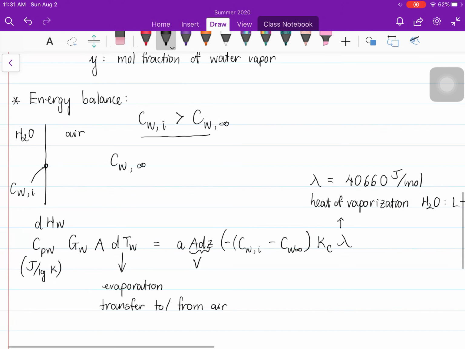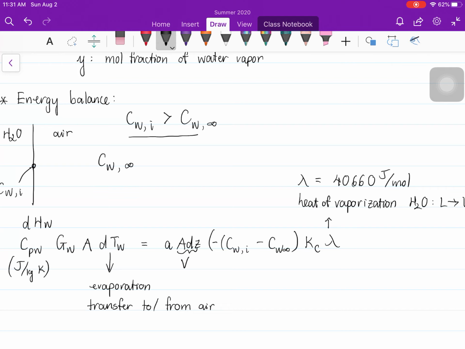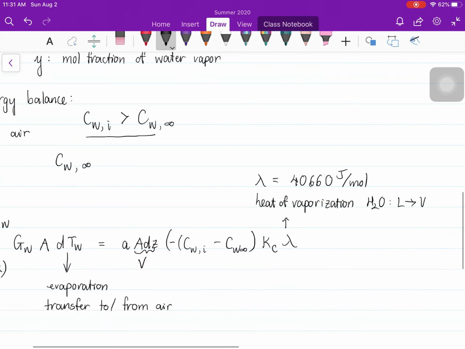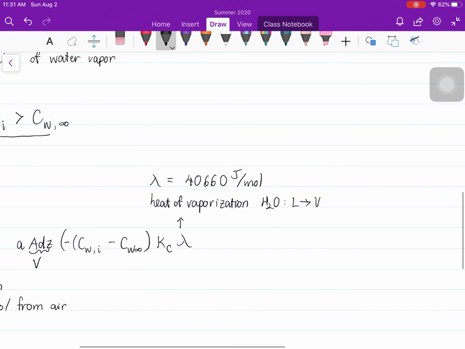And then because the change in enthalpy of water also depends on the heat transfer from or to air, I am going to add that term as well, which is h times Ta minus T water.